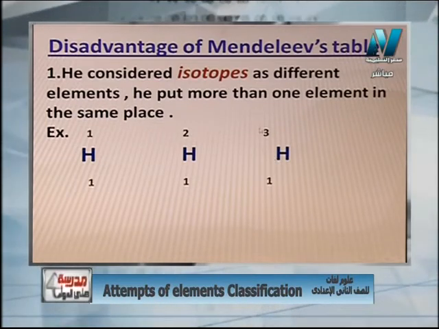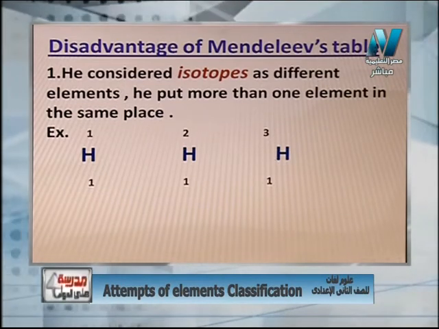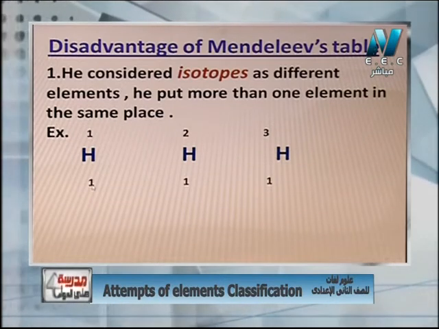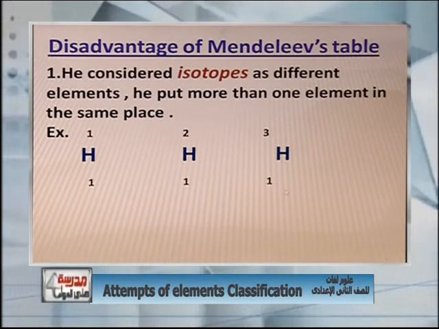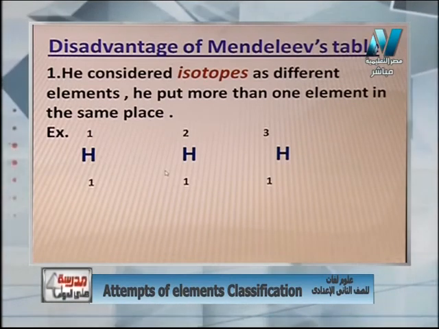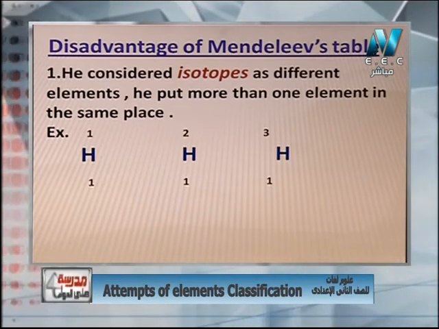The third one has mass number 3 and atomic number 1. So all of these three are called hydrogen, having the same atomic number but different mass numbers. We call these isotopes of hydrogen.